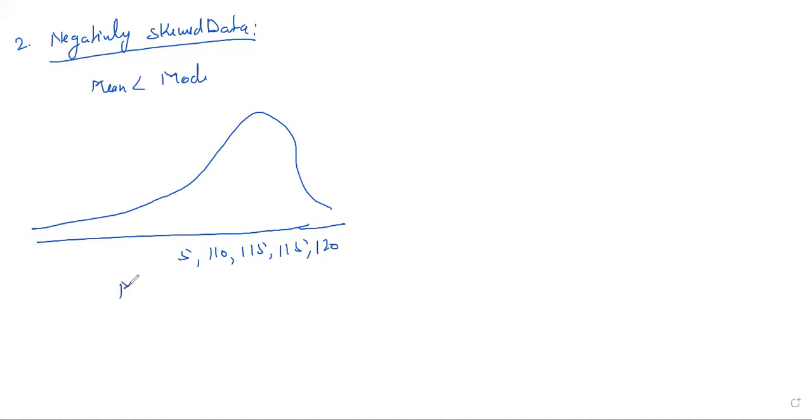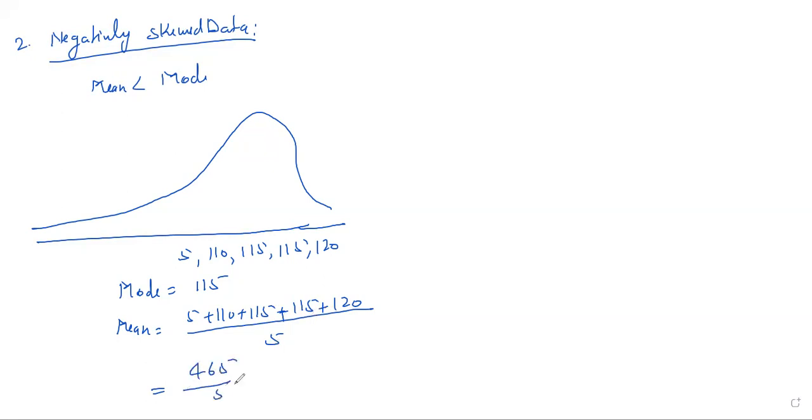So mode of this data is 115 and mean is equal to 5 plus 110 plus 115 plus 115 plus 120 upon 5. So this is 465 upon 5, which is 93.